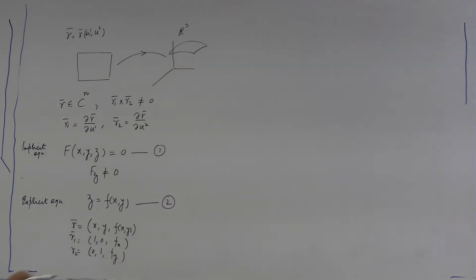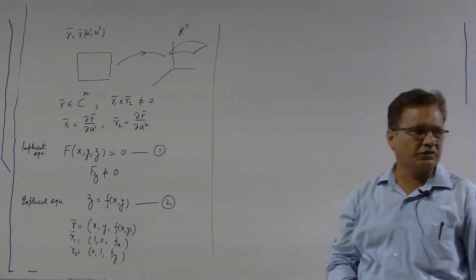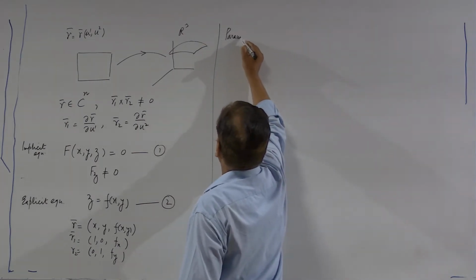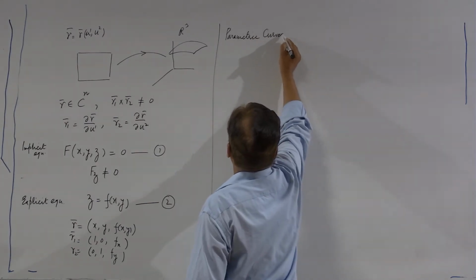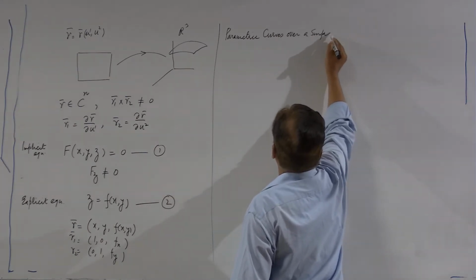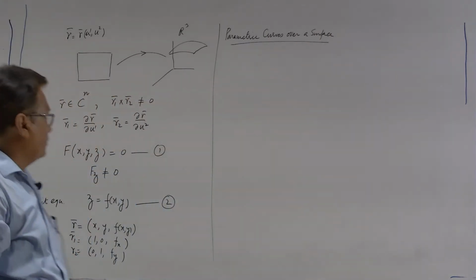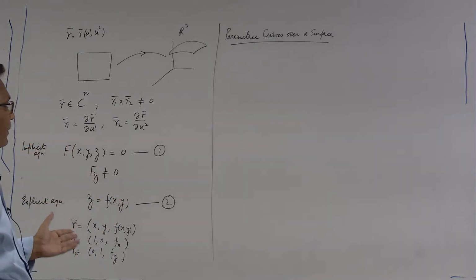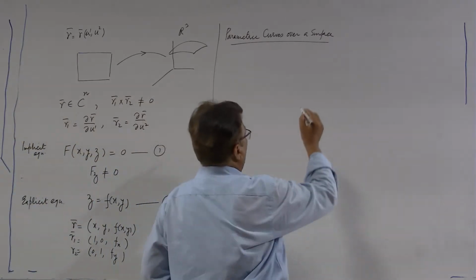Now, the next thing that I will be talking about is parametric curves over a surface. As you have seen, a surface is obtained when you deform a rectangle into R3, or maybe it may be some other kind of region also.